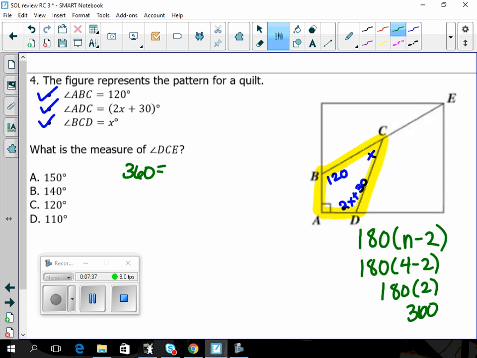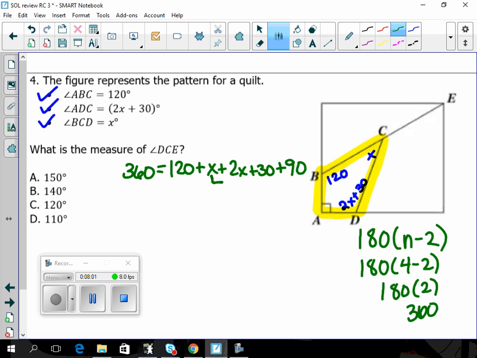So the equation that I'm going to write is 120 plus x plus 2x plus 30 plus 90 is equal to 360. So all 4 of those angles added together is equal to 360.